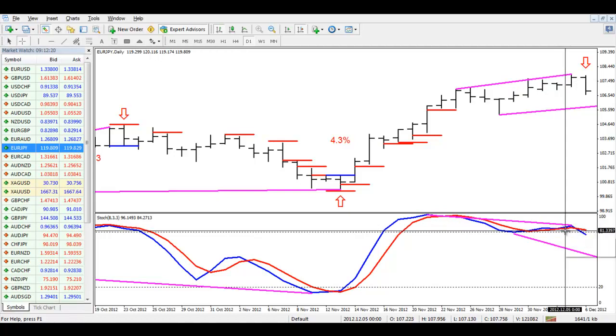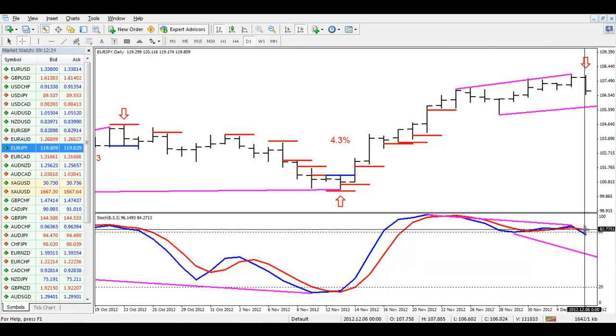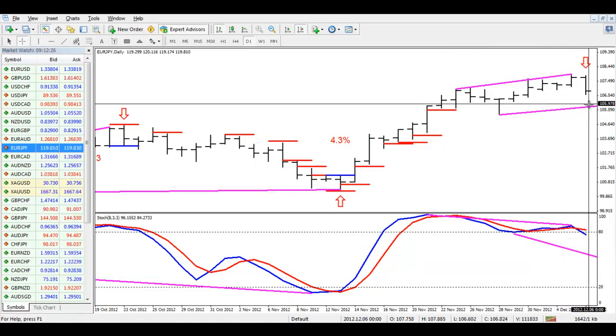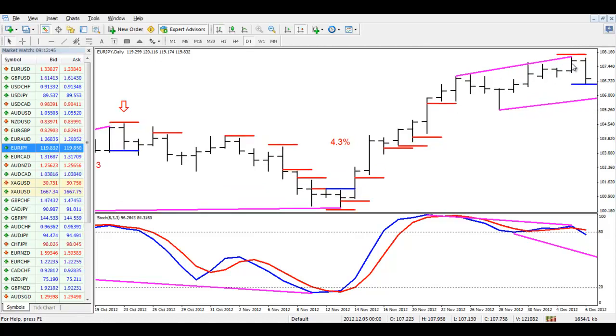And we're actually waiting for the %K, the blue line, to point to the downside, which we can clearly see has happened on this seller bar, which gives us the entry signal. We'll go ahead here now and mark our entry and our stop loss. The entry, of course, being in the blue, and the stop loss being in red. And our stop loss here is 10 pips above the high of this bar, because this bar here is the highest high of the last 3 bars.